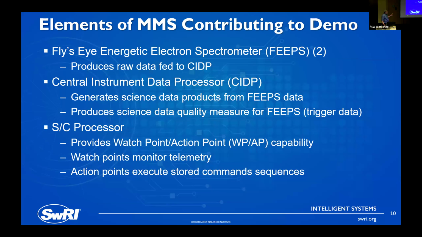The next thing I'm going to talk about is the demonstration that was put together to validate the MEDOS software for TRL level 6. Again, it uses the FEEPS instrument, which I mentioned. Another important component that I didn't mention is the central instrument data processor. This is a payload processor which receives the data from the instruments.